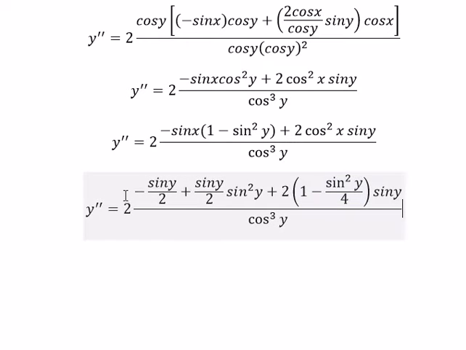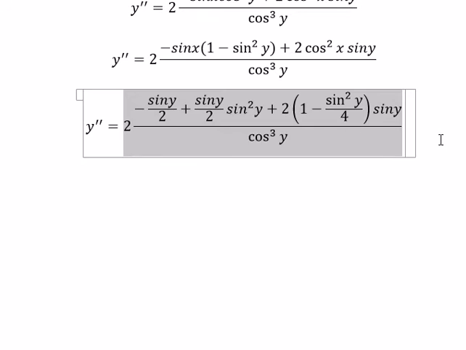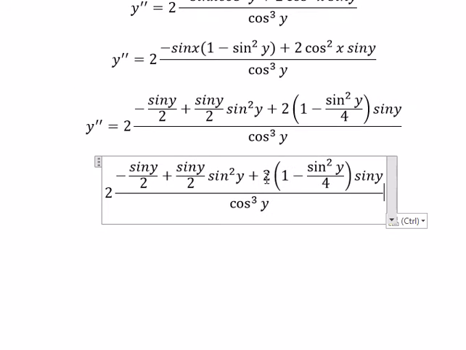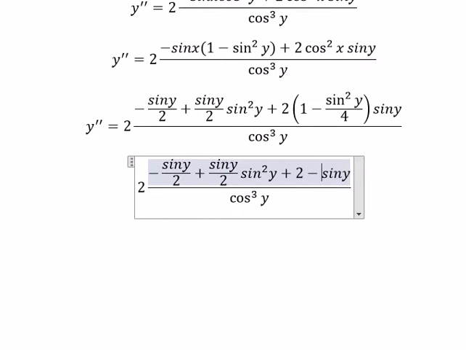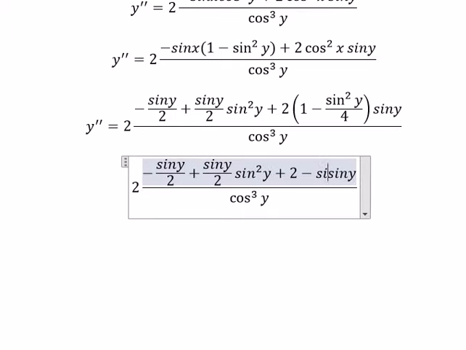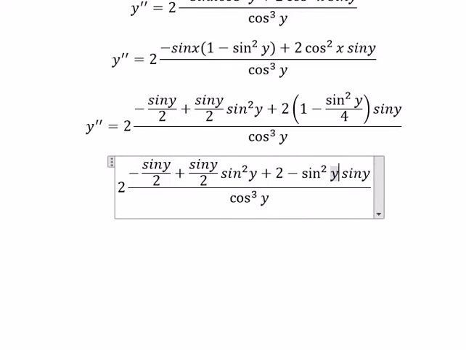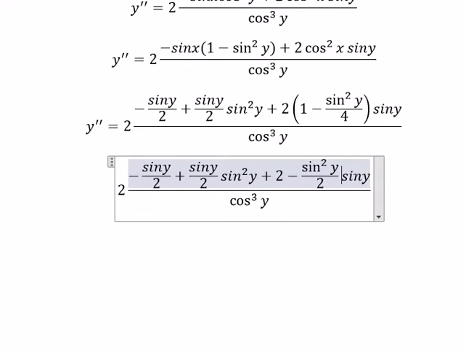Now we need to simplify. 2 multiplied by 1, you get 2, and we have negative sine y squared over 2, and we have sine y from here going here.